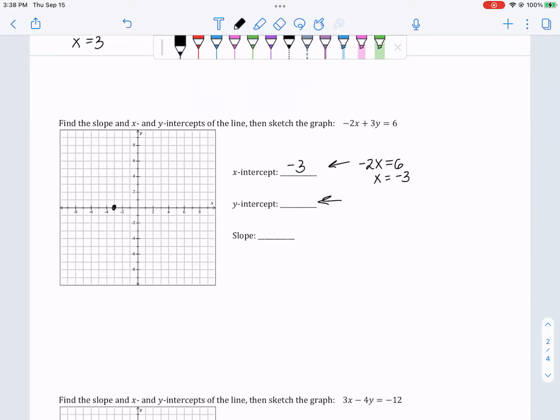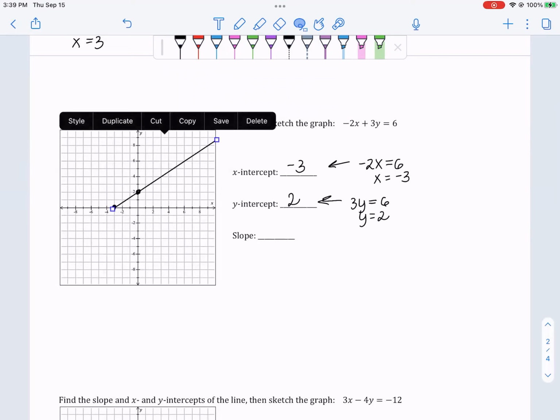For the y-intercept, I am ignoring x. So I have 3y is equal to 6. Y is equal to 2. Boom, line.